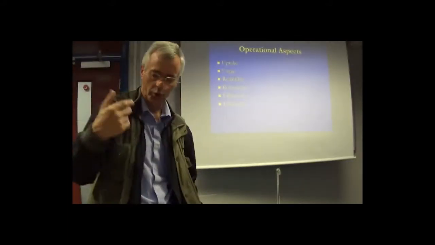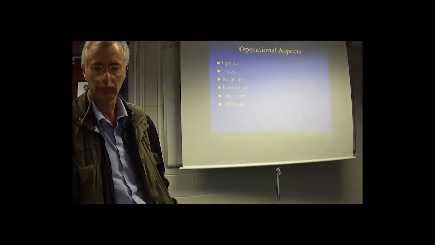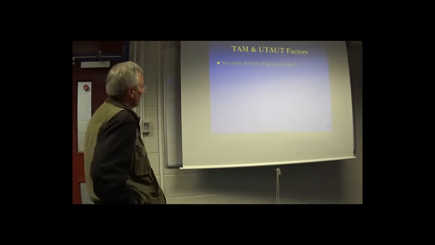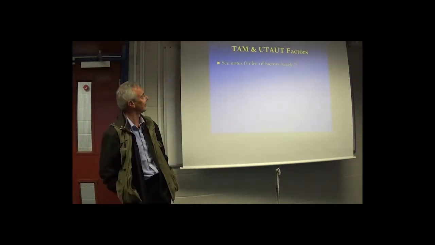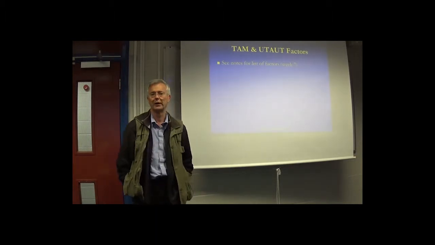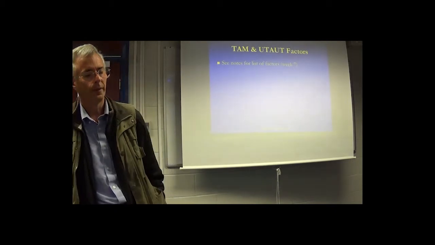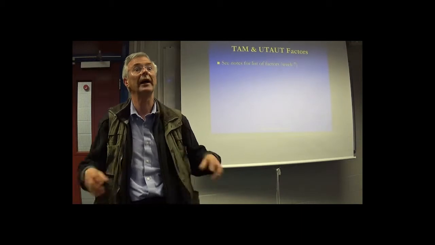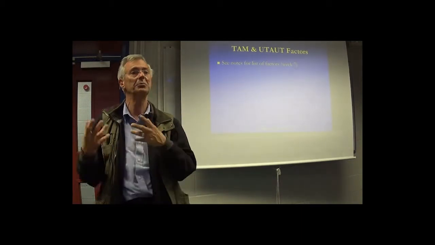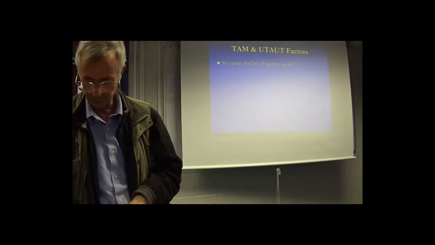So, some more questions you need to be thinking about in that final chapter. You might also be thinking about some of those technology acceptance models and the UTAUT type of factors that we talked about a couple of weeks ago. They can give you quite a large number of extra interesting questions that you can measure answers to in different ways.